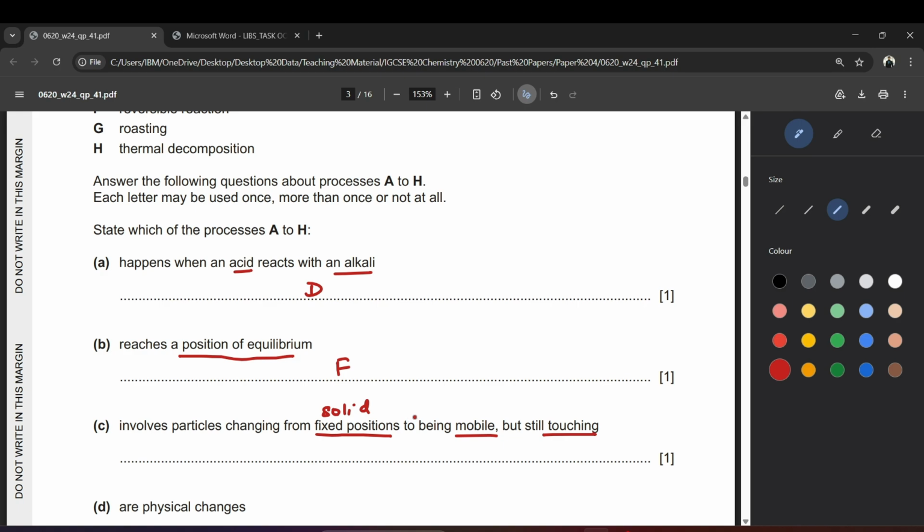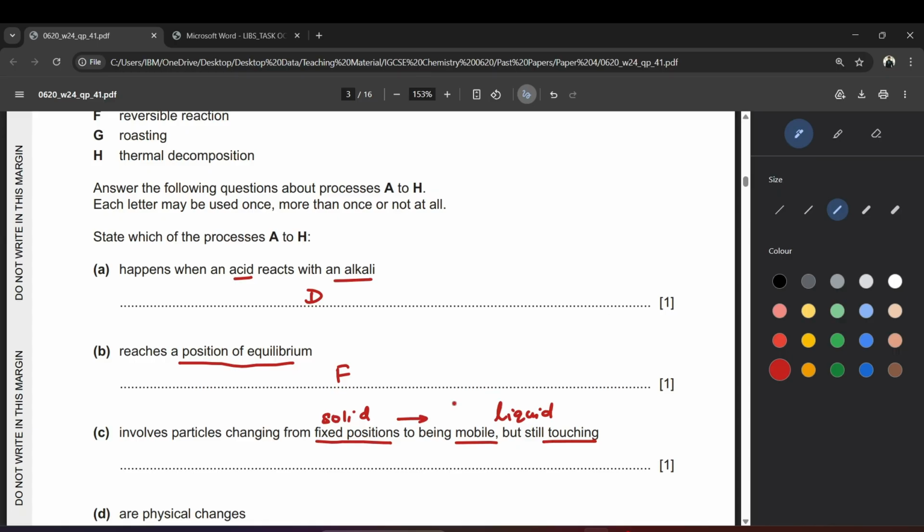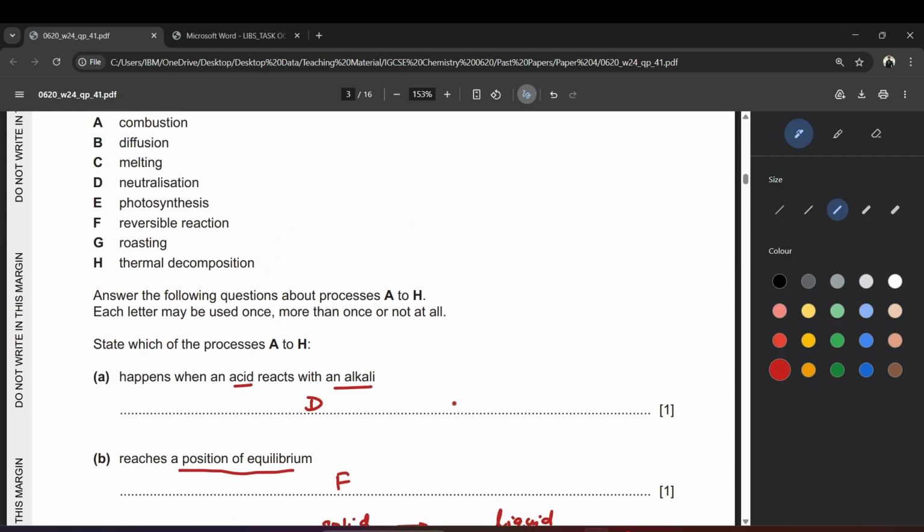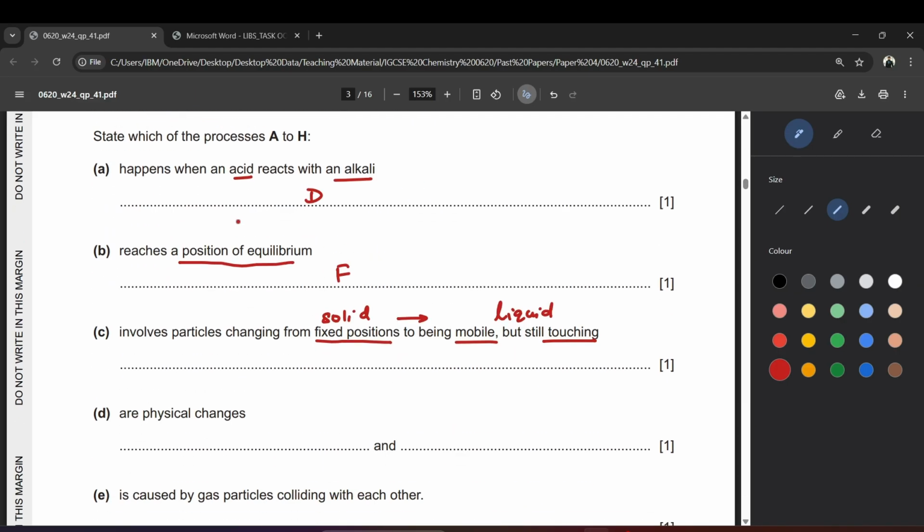Okay, and then from solid, you're moving to a state where the particles are mobile but they're still touching, that is liquid. So solid to liquid, that could be either melting or evaporation. Sorry, my bad, not evaporation. In the case of evaporation, that would have been liquid to gas, right? So yeah, the answer is going to be just melting. Okay, so therefore the answer will be C.